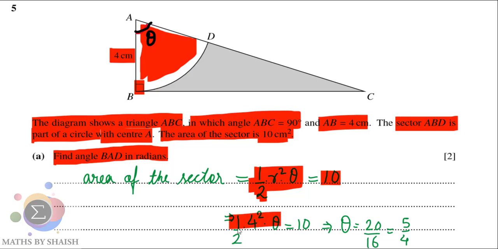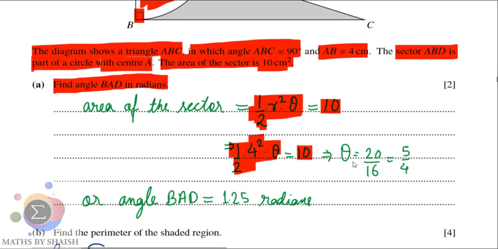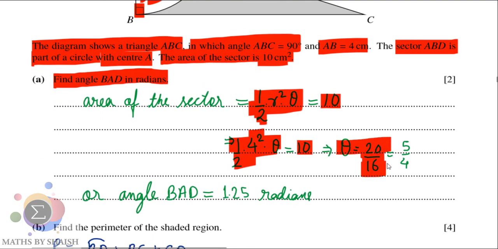So we simplify here: 4 squared is 16, by 2, and then the 10 becomes 20 by cross multiplication, and we got theta as 20 by 16, that is 5 by 4, and hence we can say it is 1.25 radians. This calculation can only be done in radians in this way, otherwise for degrees it would be a little bit different.